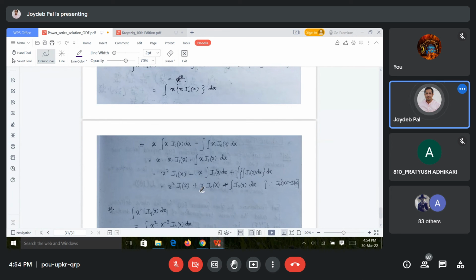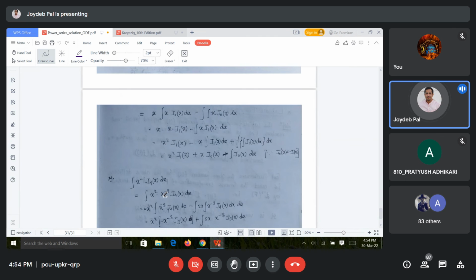Similarly, problem number 24: x to the power minus 1 into J4.